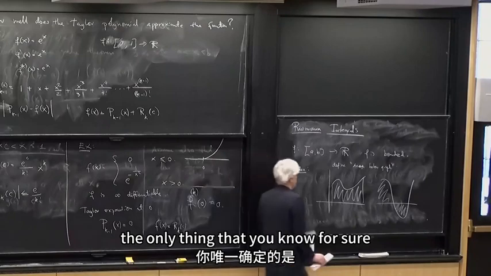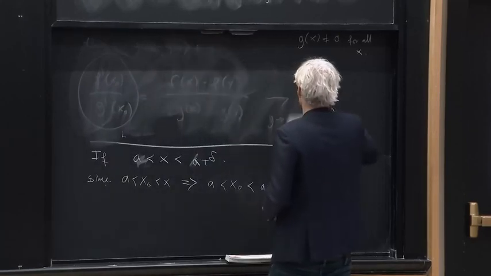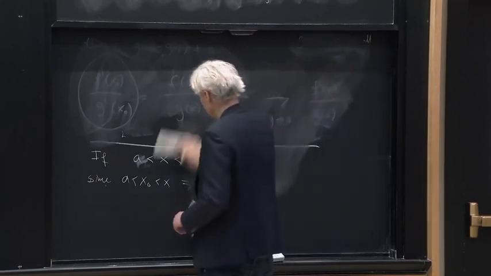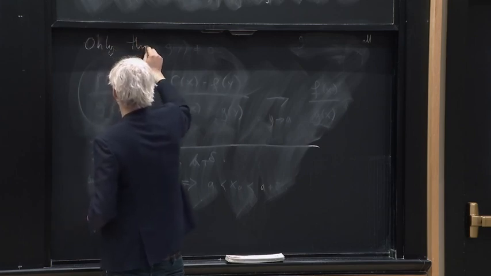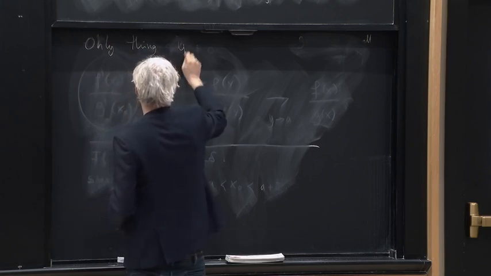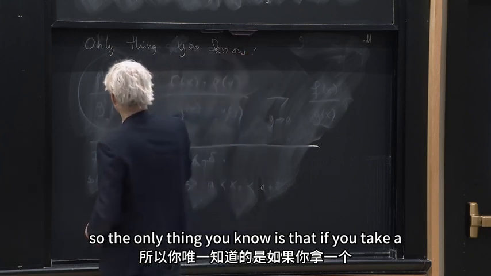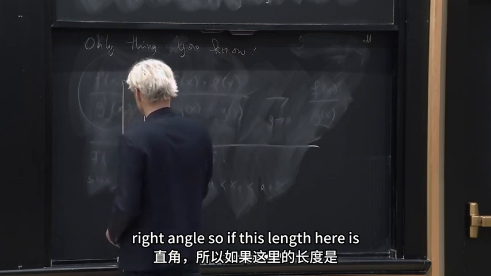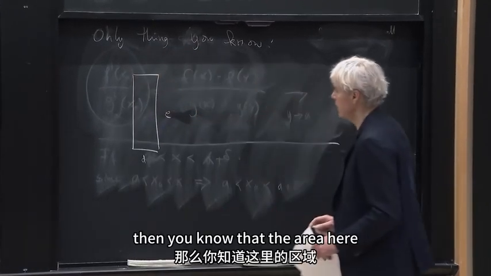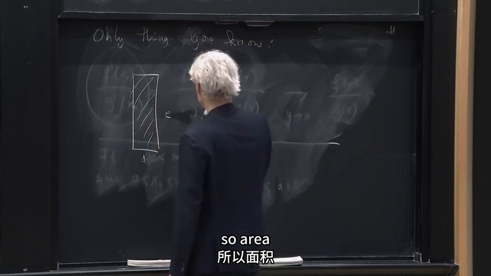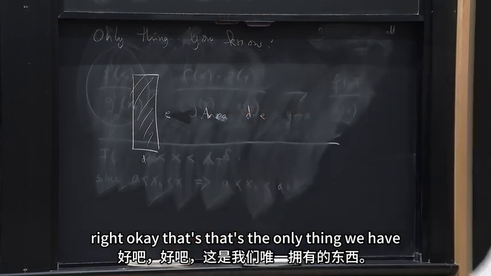The only thing that you know for sure, the only ingredient you have at the outset, is that if you take a right angle, so if this length here is, let's call it D, and this here is E, then you know that the area is D times E. That's the only thing we have.